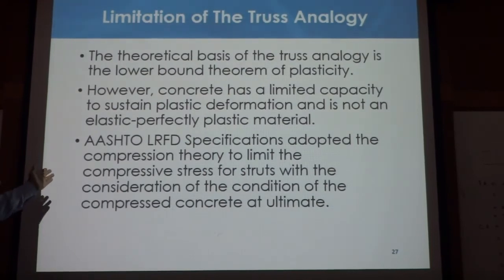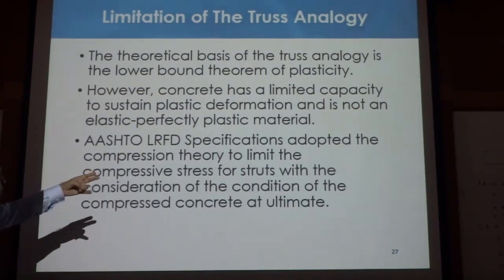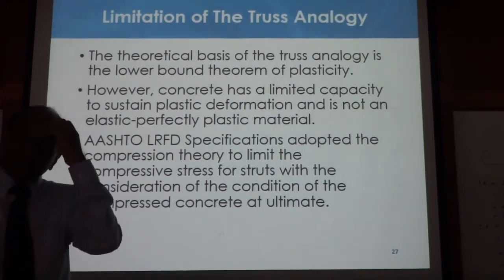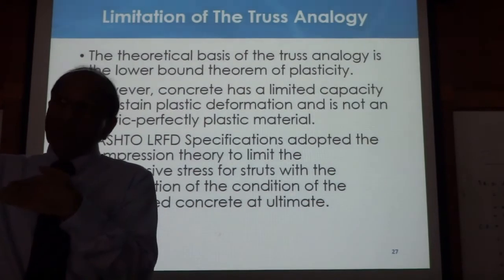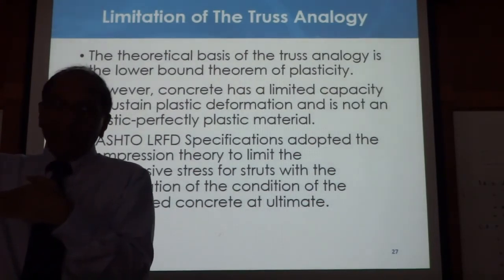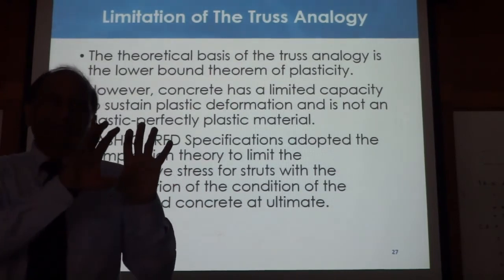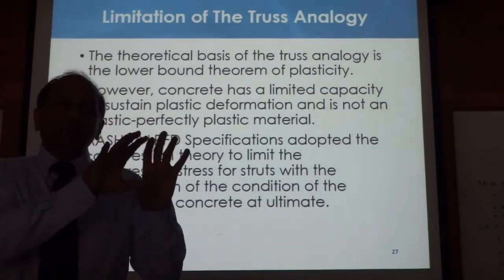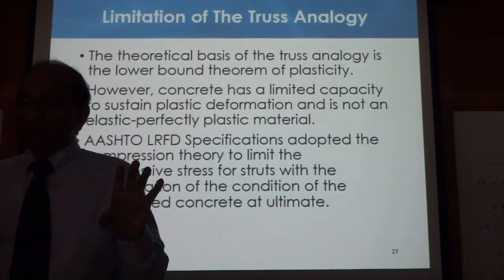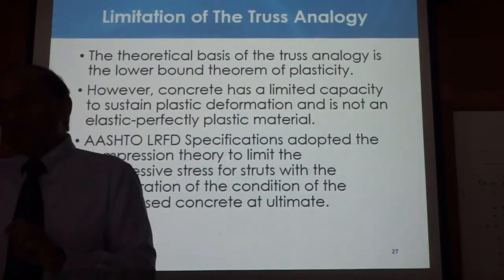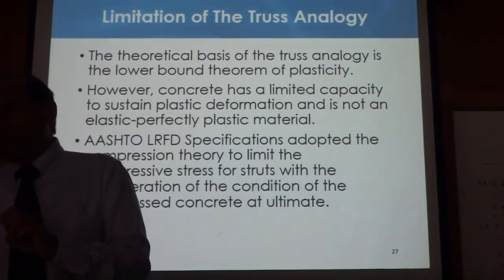It adopted the strut-and-tie theory and limits the compressive stresses. What they have done, which is quite interesting, is to limit the deformations and capacity of a strut-and-tie type model which could have infinite capacity, they base it on the compression capacity of concrete, because the tension capacity of concrete is related to the compression capacity of concrete.